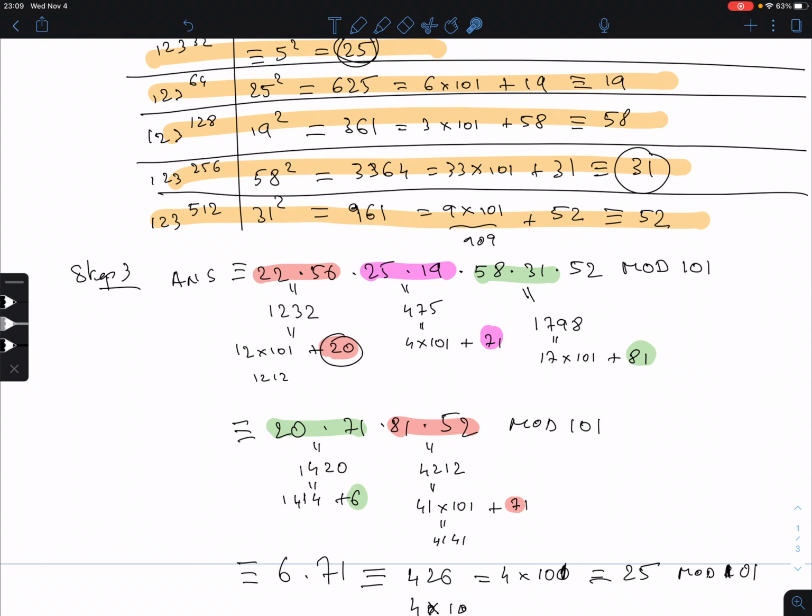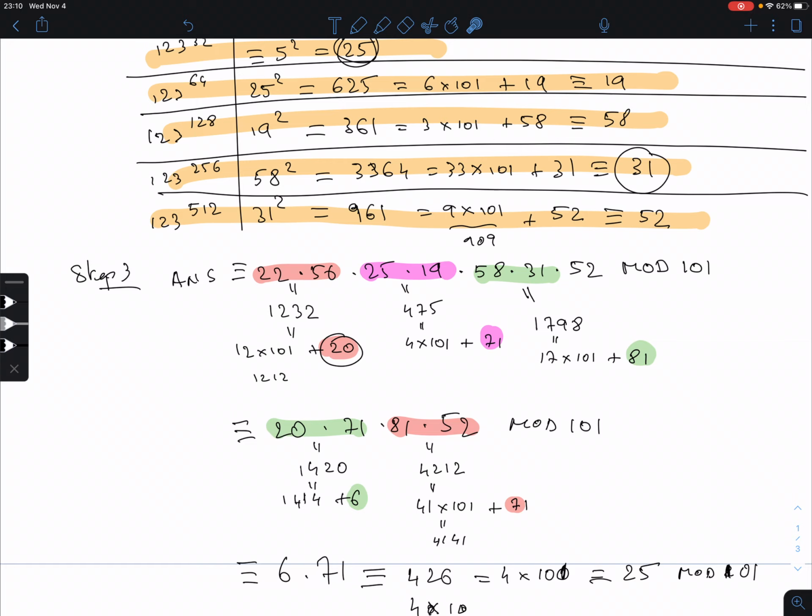So 22 times 56. Let me double check my numbers. 22 times 56. 1232. Yeah, that's 1212. Yeah, that's correct. 25 times 19. 25 times 19 is 475. That's 401. Missing 71. So that's correct.